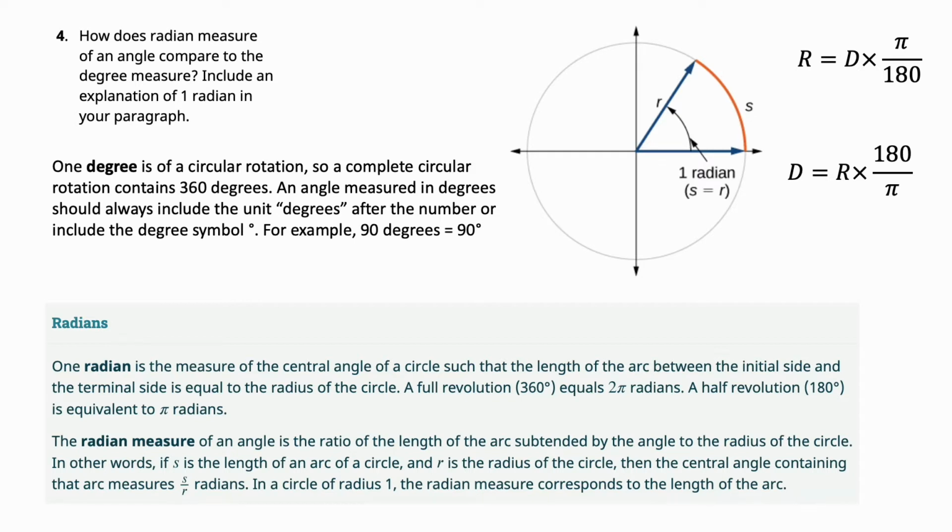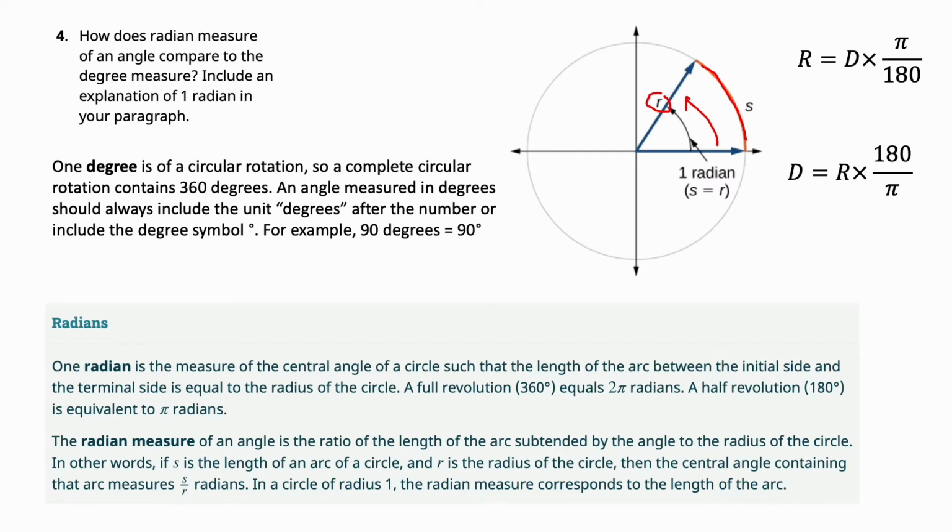So a radian occurs when the radius is equal to the arc length through which the angle has moved. So when this radius and this arc length are equal to each other, that's 1 radian.